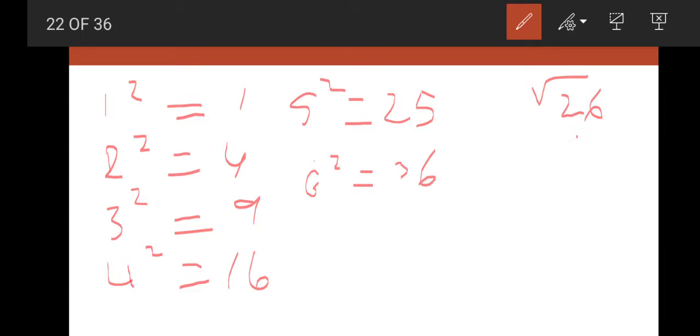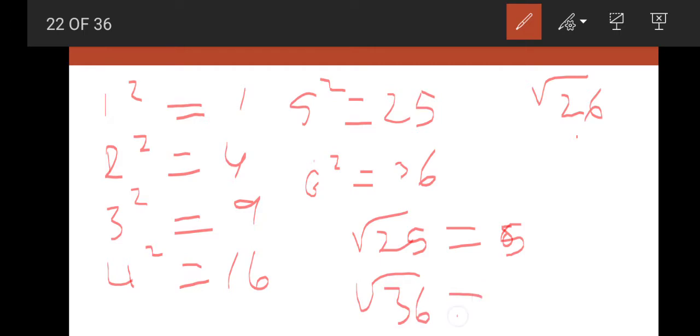So from this, if you remember from the previous slides, we have learned that if you take the square root of a perfect square, it will give you a rational number, an integer. So the square root of 25 gives you 5, and the square root of 36 gives you 6.